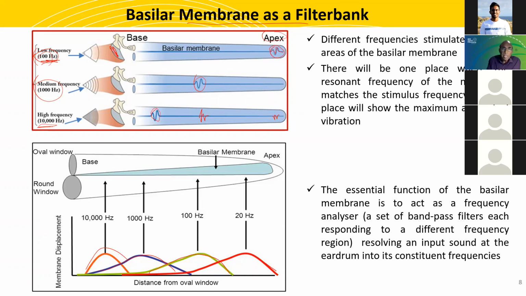How many? We don't know; as many as you want, depending on the application and the spectrum you want to analyze. Not only that, the bandwidths of the bandpass filters are also different. In cochlear signal processing, if you do measurements, you will see that the bandwidths are different at the different positions.